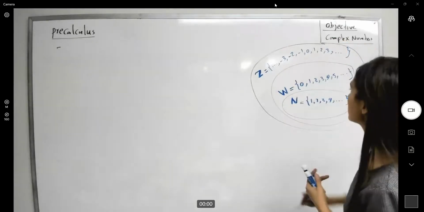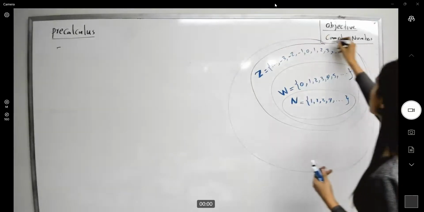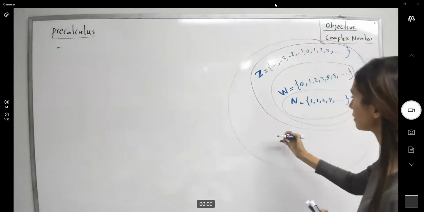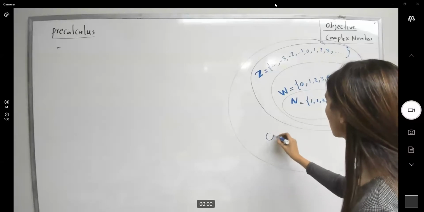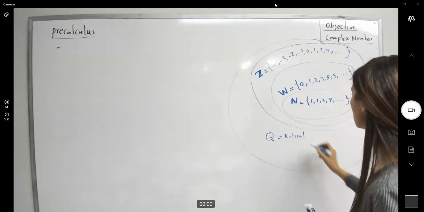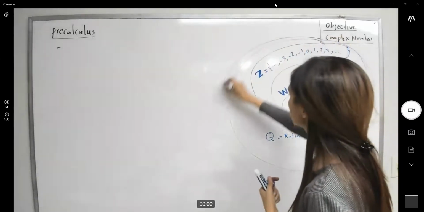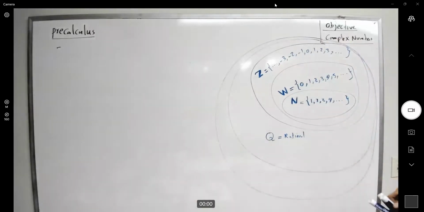We say that this set is included in a larger set which has rationals and irrationals. So here you have your rationals, Q. And also you have another set, which is the set of irrationals. And all of these are included in a larger set that we call real numbers.